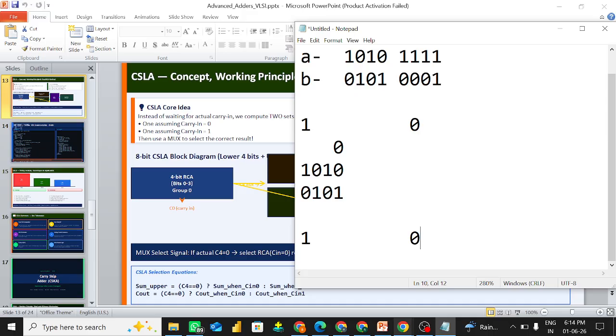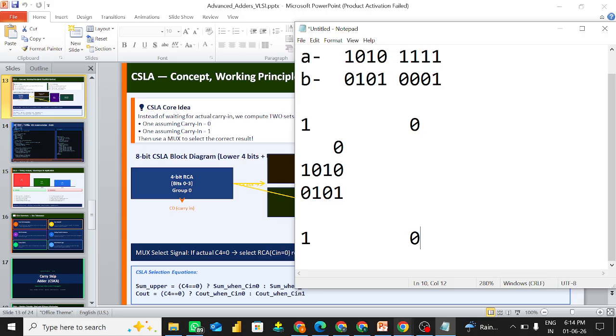It will split into upper and lower bits, and it will keep ready whatever will be your C in from your lower bits. And based on whether C in is zero or one, you will get the result. Okay, just don't think you have written that if you get C in as one, we will get C out as one, or C in as zero, C out as zero.